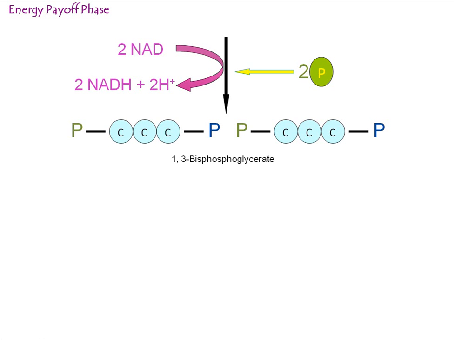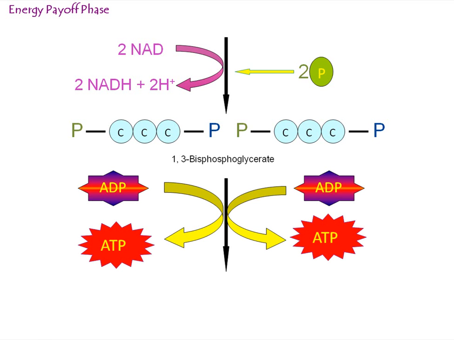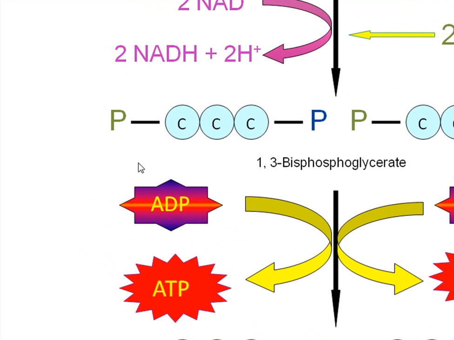It is not important that you remember these names, but it is important to remember the reactions that are happening. This 1,3-bisphosphoglycerate is where we're going to produce ATP for the first time. These inorganic phosphates that have come in will be removed back off. Through substrate level phosphorylation, we will see ADP binding to an enzyme and our 1,3-bisphosphoglycerate binding to an enzyme.